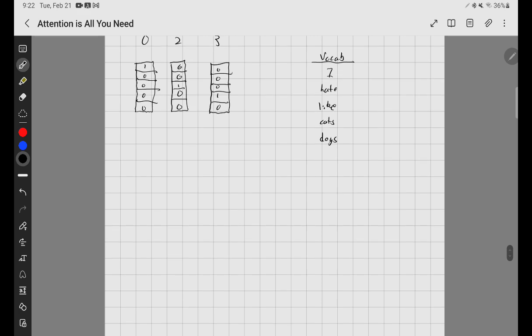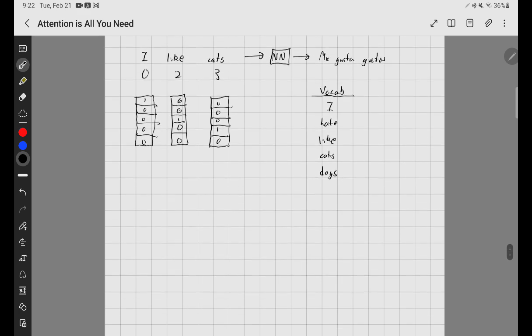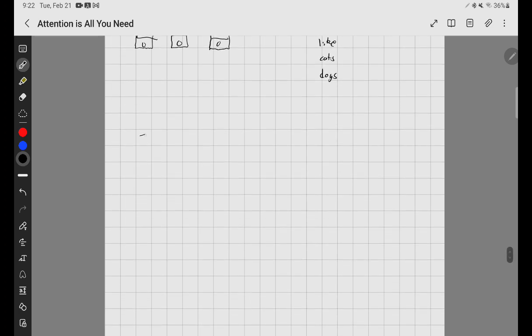And then you have a vector representation of the sentence. So the sentence "I like cats" will become 3 vectors, and each vector is V long.